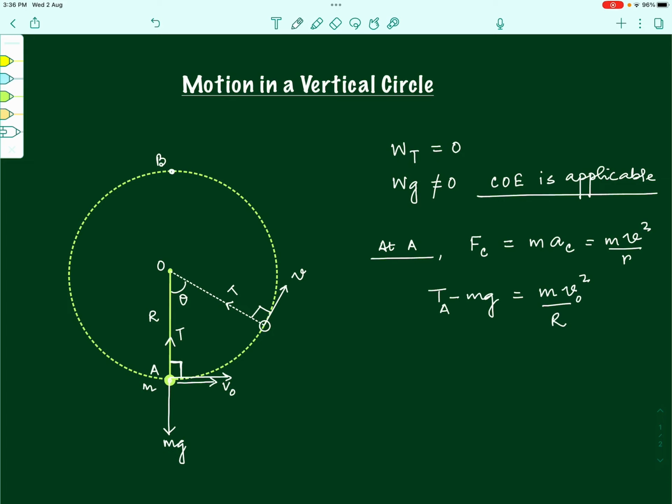So this is the force equation that we have. Actually the net force is equal to mass into acceleration at the point A, right? So from here we can find out the value of tension at A. Tension at A is nothing but mg plus m into v naught squared by r, isn't it so?